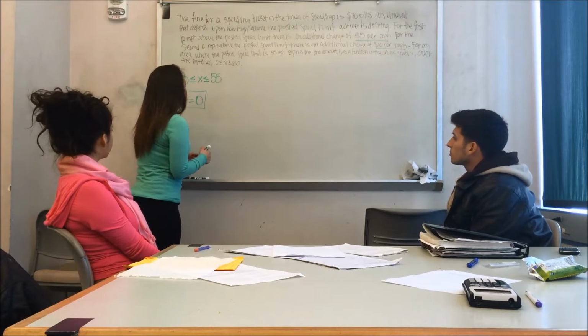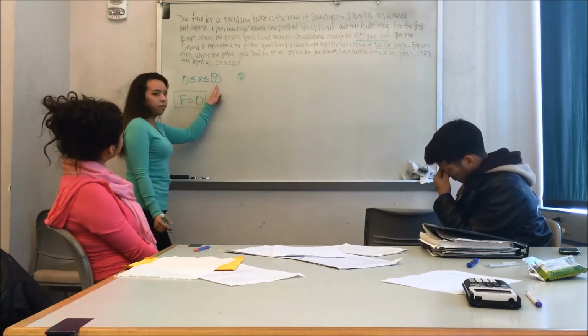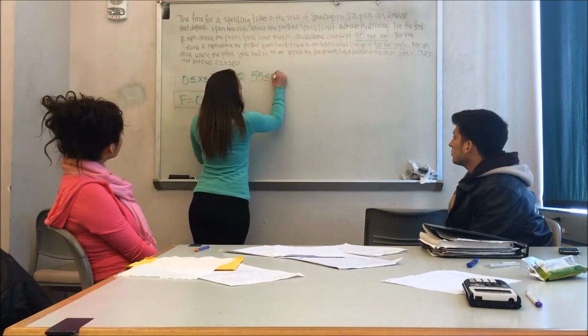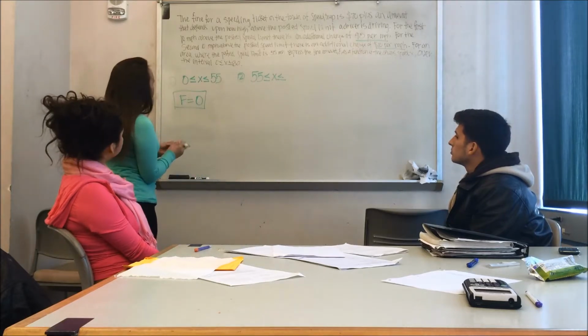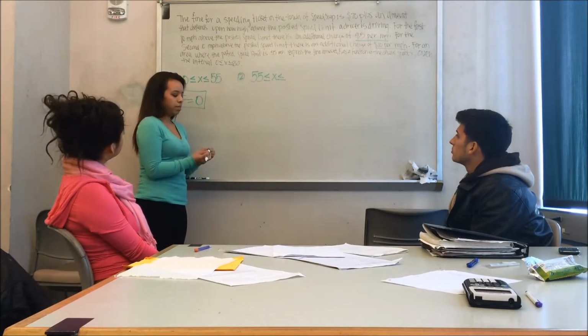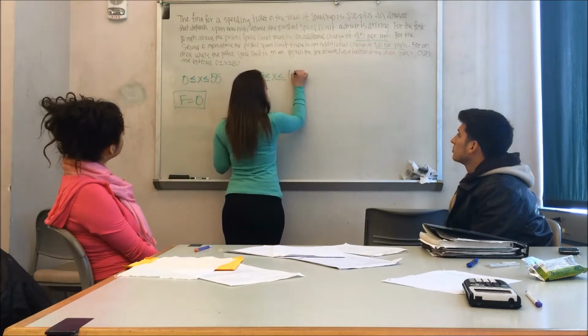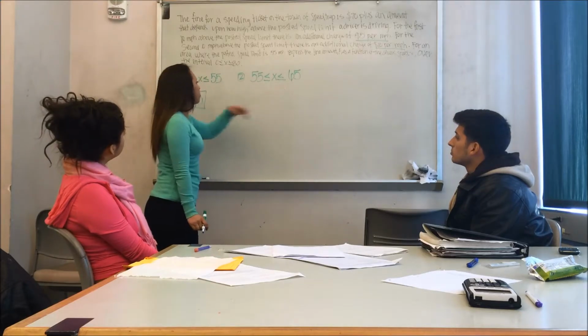Okay, now the second part, we're going to start off with 55, because that is the posted speed limit. And now we're going to come up with the equation for the first 10 miles per hour above the posted speed limit, which is going to be 65. So the interval is going to be from 55 to 65.